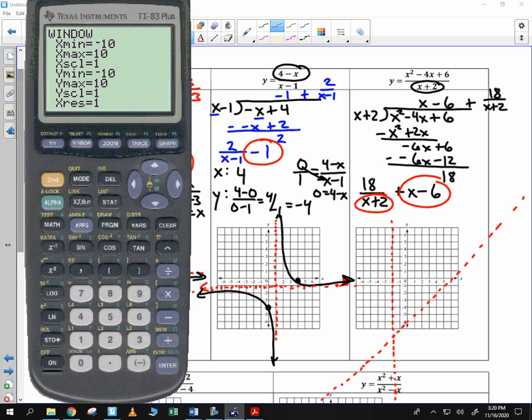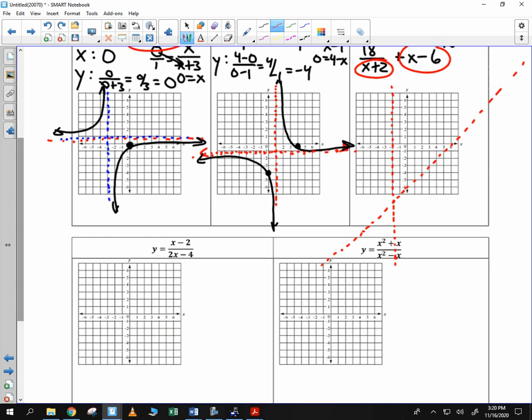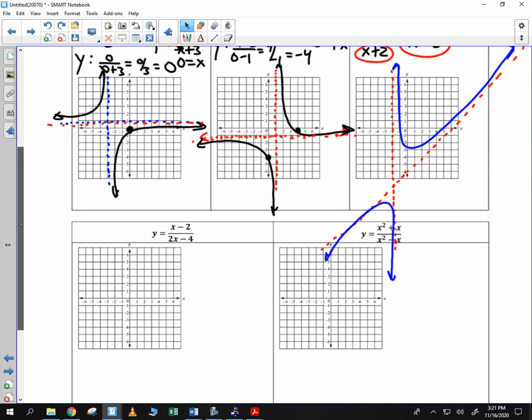In fact, if I take this window out a little bit further, we'll go negative 25 to 25. There it is. That x minus 6, you can see how the graph wants to look like that. It just has that disruption at negative 2. And sure enough, the graph kind of just falls along with those asymptotes. We call that a slant asymptote.